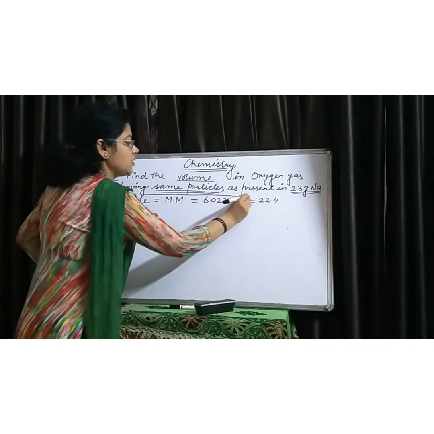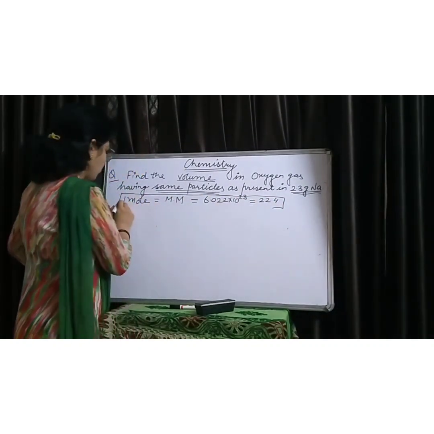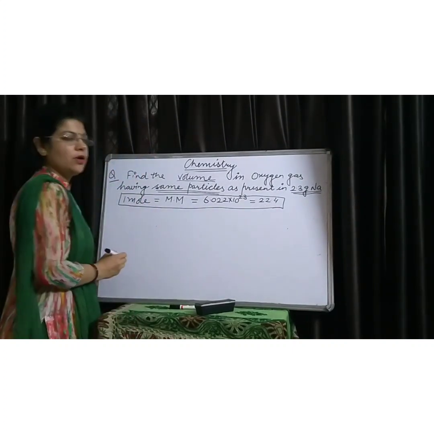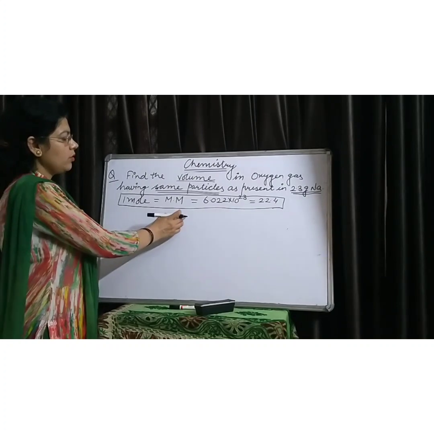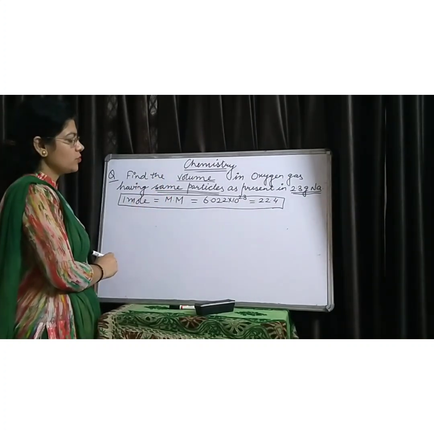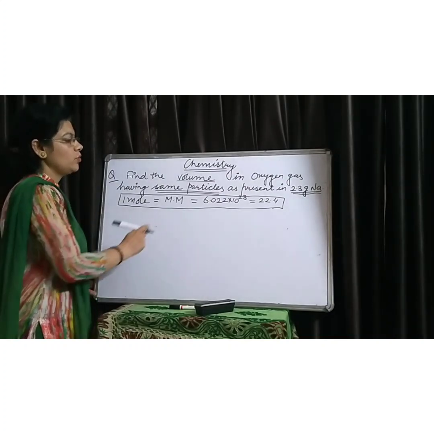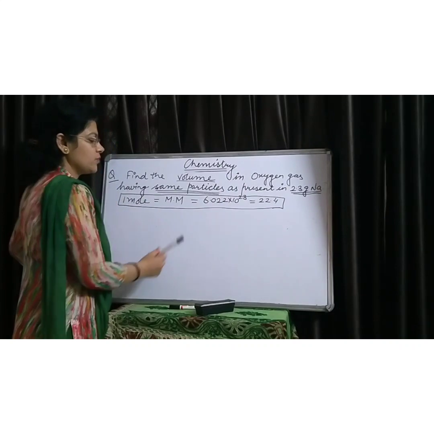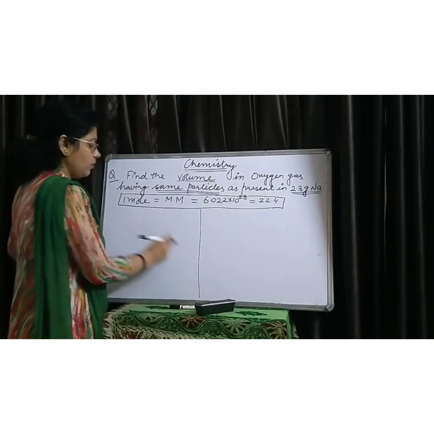This is the basic concept of mole. By using this concept, we have to solve this question. First we have to find the number of particles in 2.3 gram of sodium.